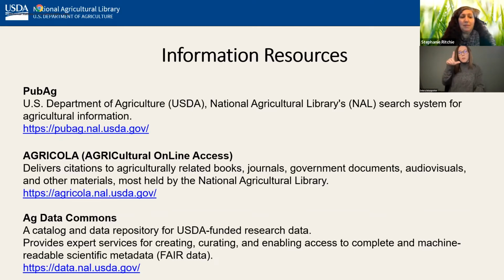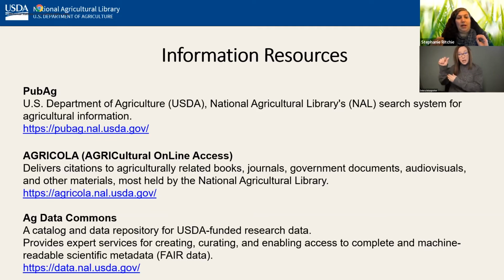And then the last item on this slide is Ag Data Commons. So much like PubAg is used to collect peer-reviewed research literature or textual information that's created, Ag Data Commons is our catalog of data. So these could be spreadsheets or other structured data formats.